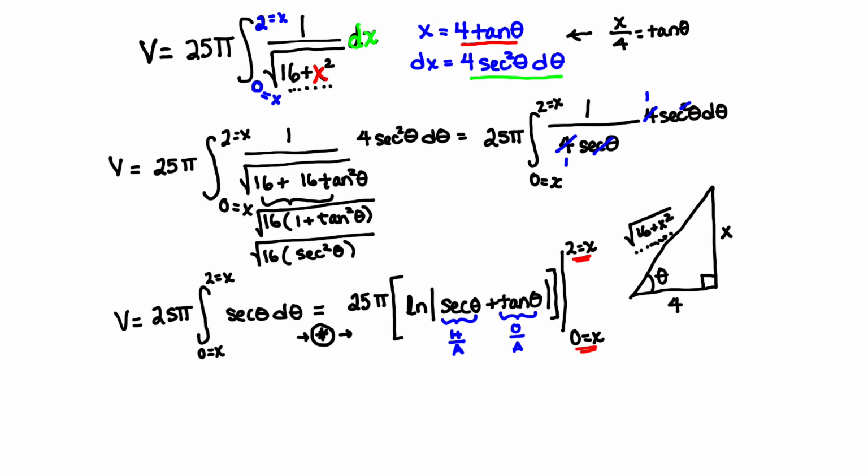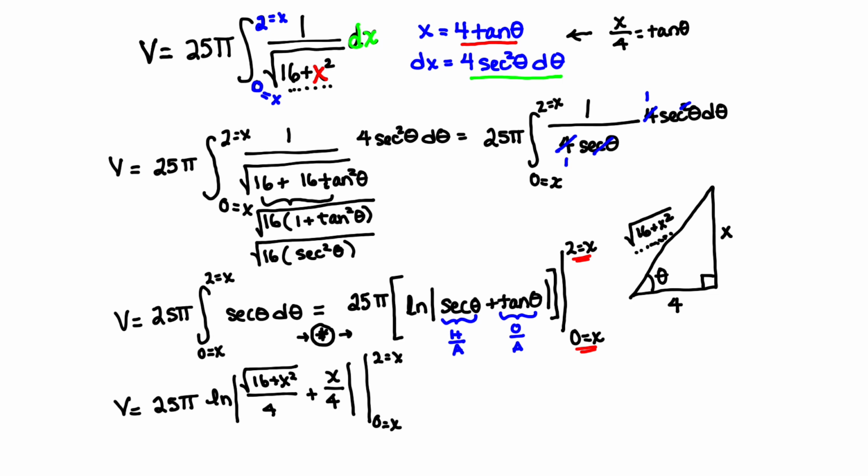So let's make those substitutions, and that tells me that my volume is 25 pi times the natural log of the absolute value of hypotenuse, square root of 16 plus x squared, over adjacent, which is 4, plus tangent, which is x, divided by 4. And now we're back with the variable x, and we can substitute in our limits to find the final answer.